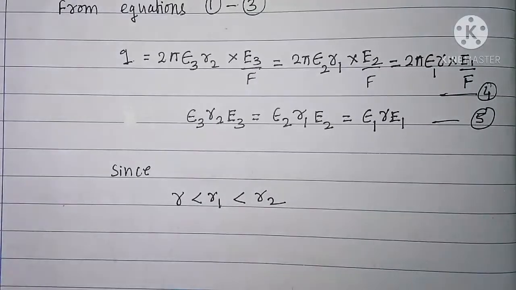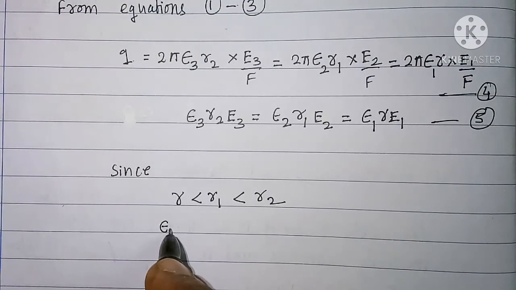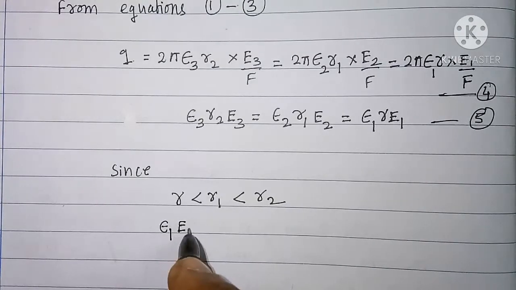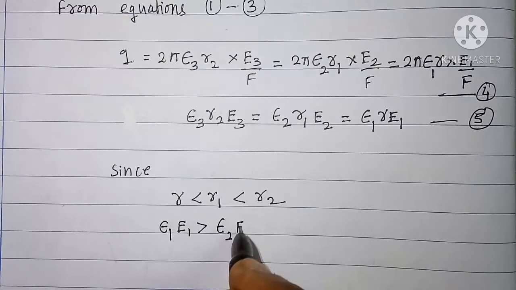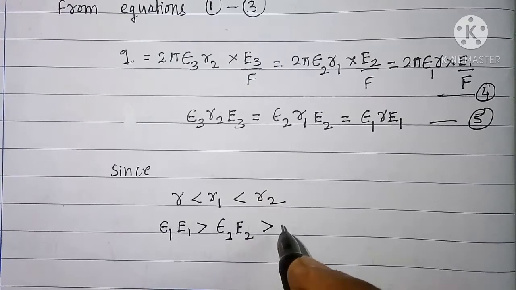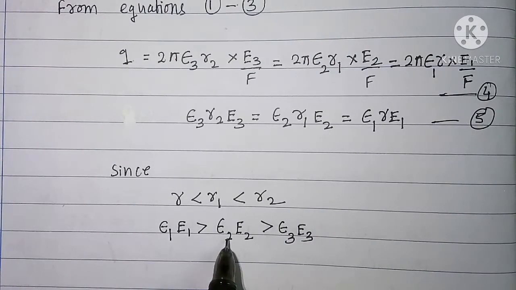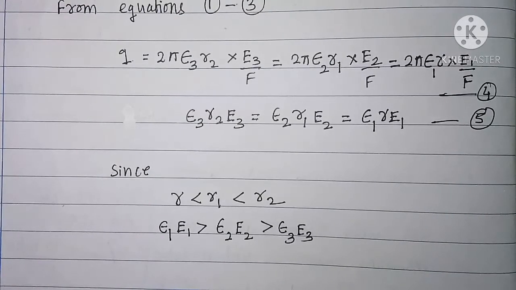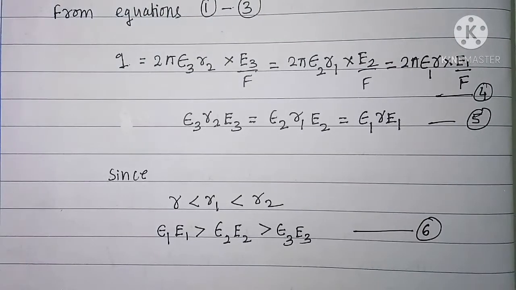In these equalities, epsilon 1 E1 is greater than epsilon 2 E2 and epsilon 2 E2 is greater than epsilon 3 E3. Let us call this equation 6.